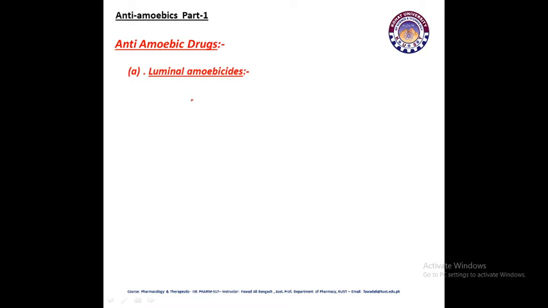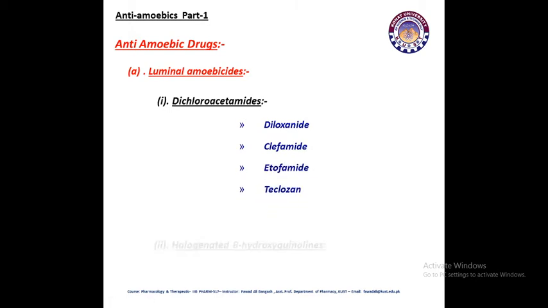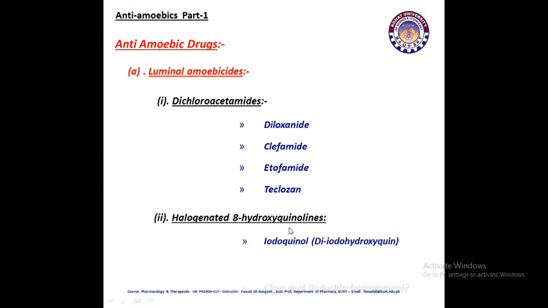There are three different classes: luminal, systemic, and mixed. The luminal amoebicides include diloxanide, clefamide, etofamide, teclozan, and halogenated 8-hydroxyquinolines like iodoquinol and quinfamide.